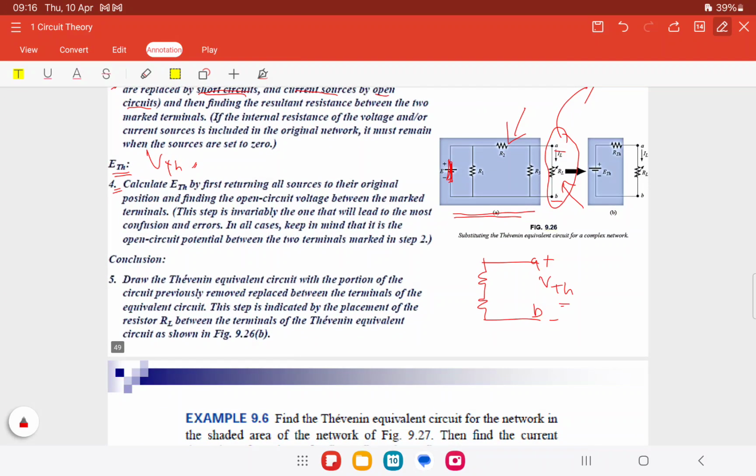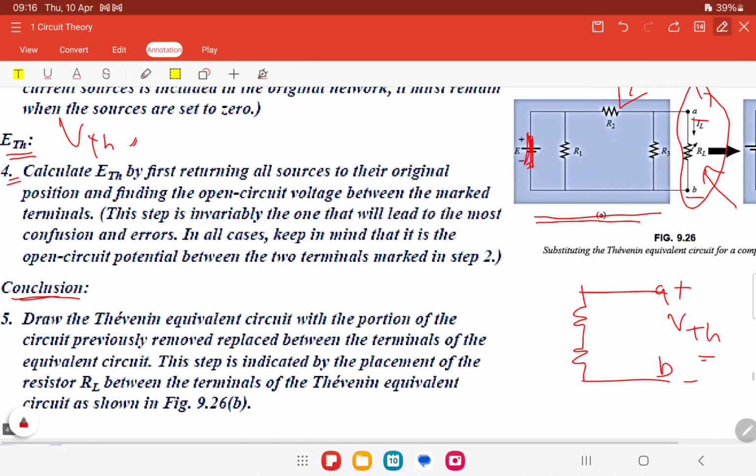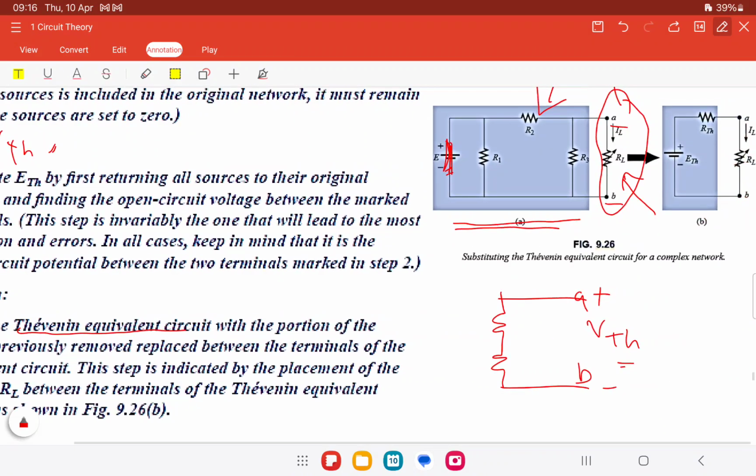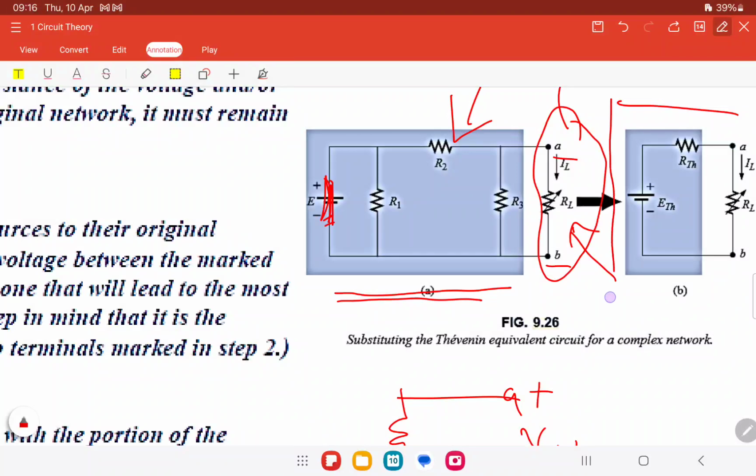Okay, and then once dah dapat all these two, you kena lukis balik the Thevenin's equivalent circuit. Sambung with the components yang kita dah take out earlier. So dia akan dapat macam ni circuit dia. ETH yang kita cari dekat step number 4, RTH yang kita cari at step number 3, and sambung balik the component tu at the node.